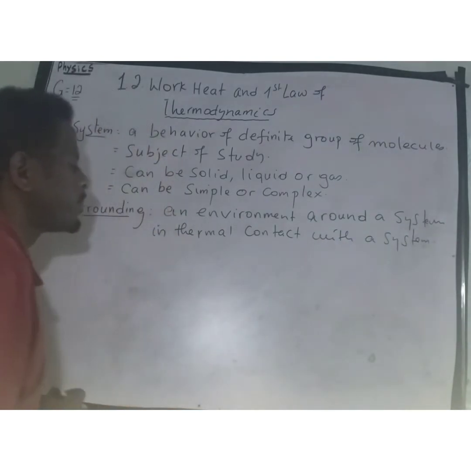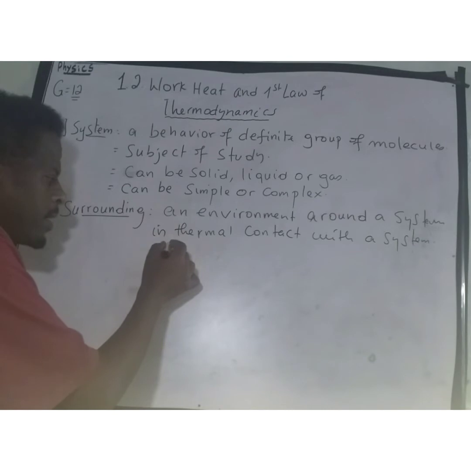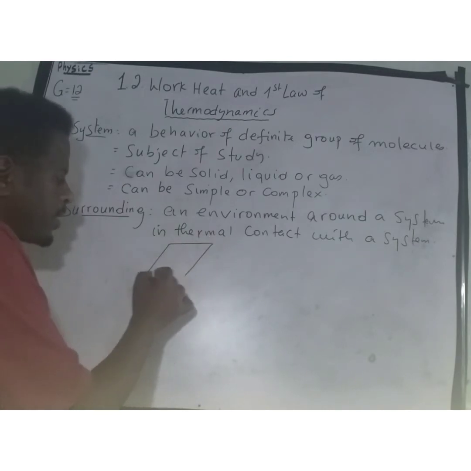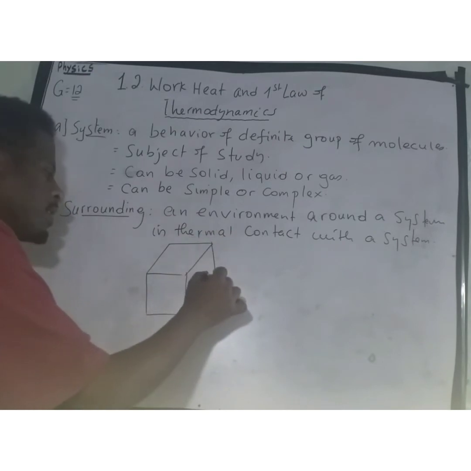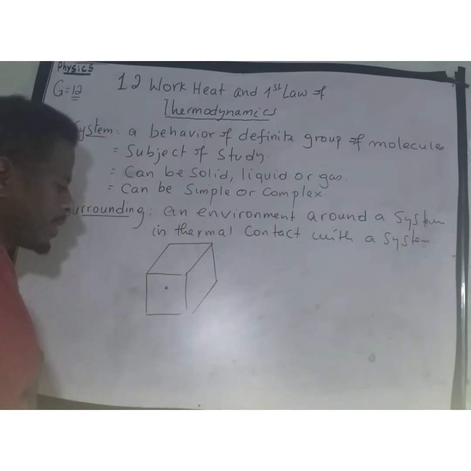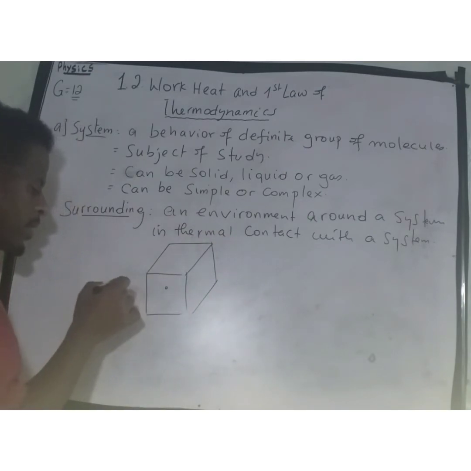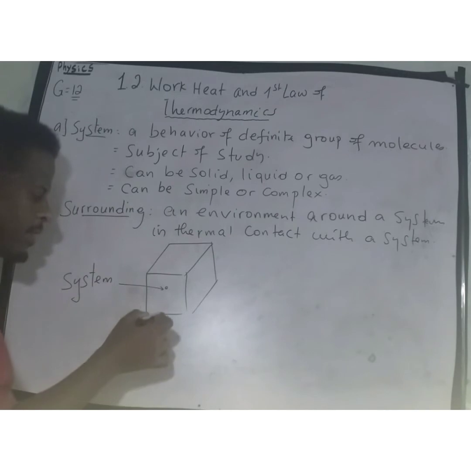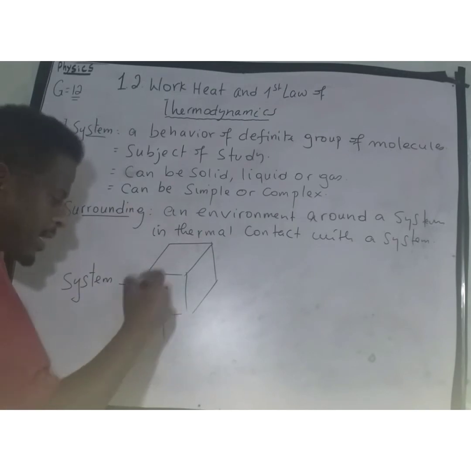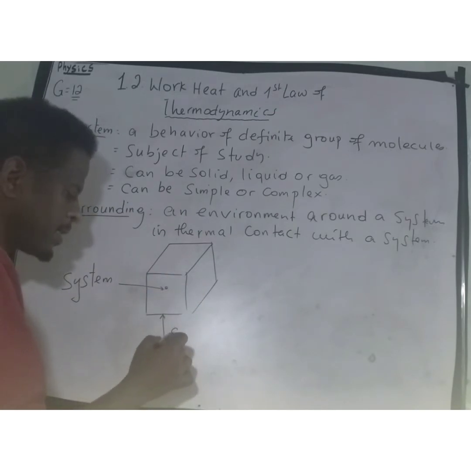For example, if we take a particle in a box, the particle inside is the system, and the box that surrounds the particle is the surrounding.